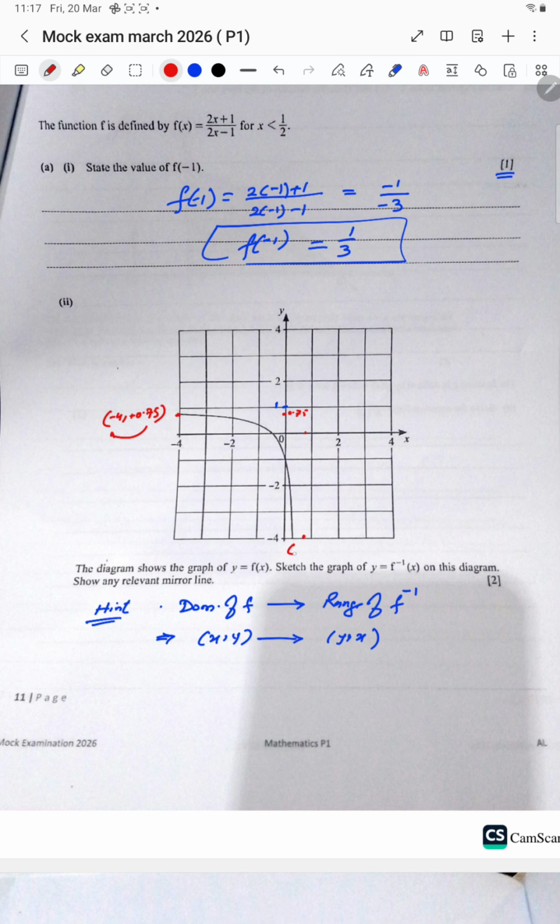So here it will be 0.75 comma -4. So 1 point is here, and this other one, 0 and -1, will change into -1 and 0. Here it comes here.